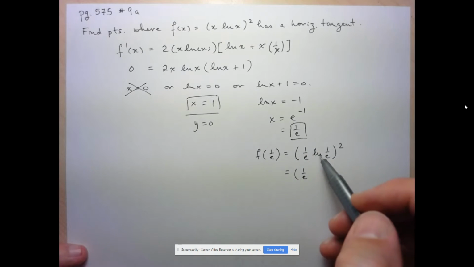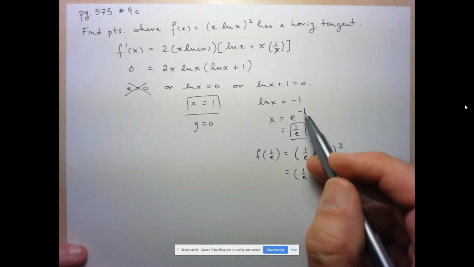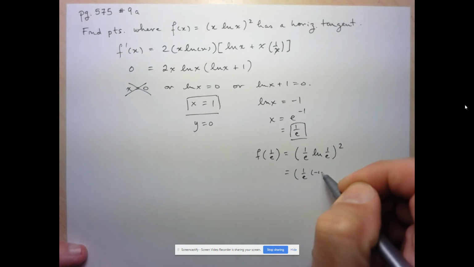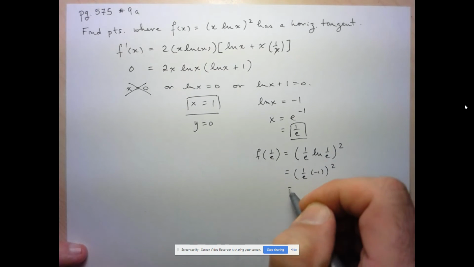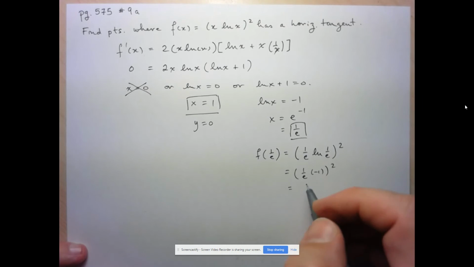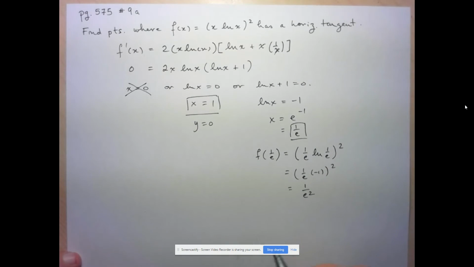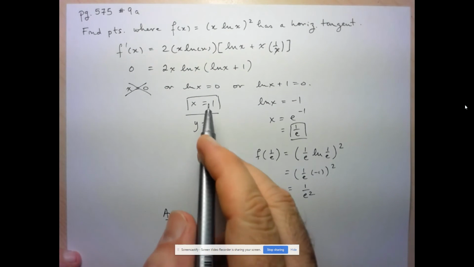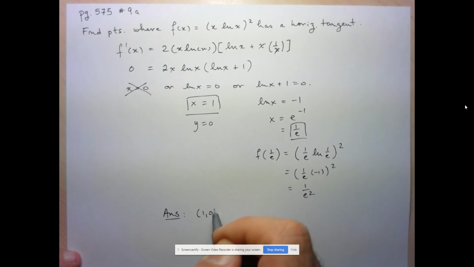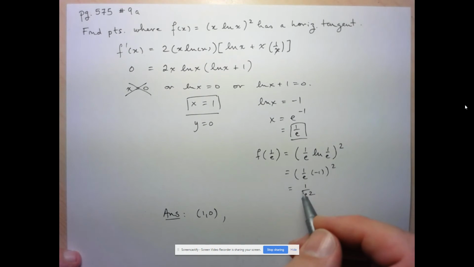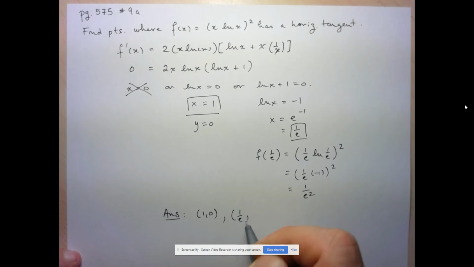Since the natural logarithm and the exponential function base e are inverses of each other, ln of e to the -1 is just -1. When I square all this, that just becomes positive, so this just becomes 1 over e squared. So what are my two answers? It has a horizontal tangent at the point (1, 0), and it also has a horizontal tangent at the point (1 over e, 1 over e squared).